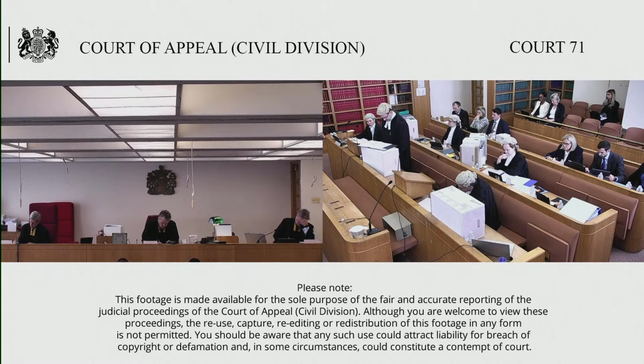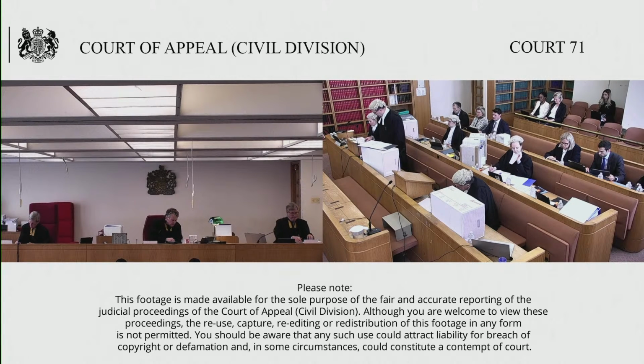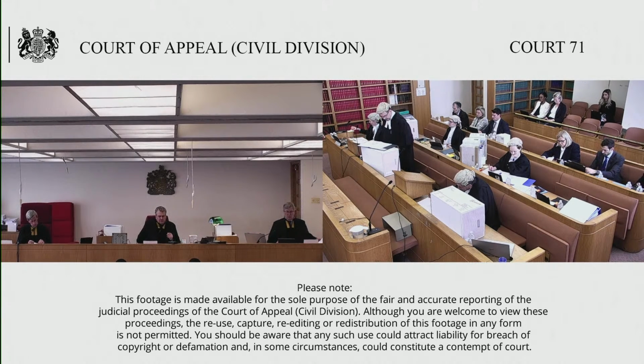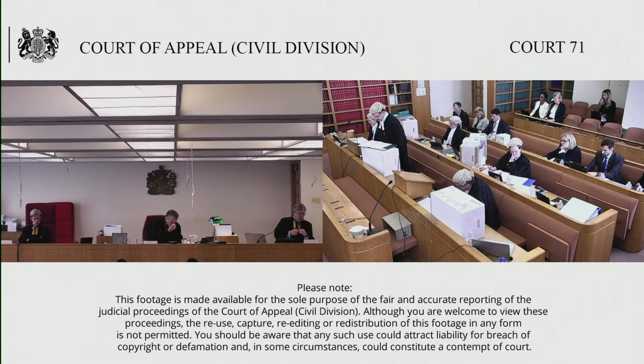And if my lords go to my learned friend's skeleton, so this is core bundle tab 3, the argument, as we understand it, is, what's said in 68 is that they refer to 29 and 30 of the judgment, and they say the judge held that an interim injunction must always be founded on a risk of harm to the claimant that is legally caused by the infringement of the claimant's right of which vindication is sought, and therefore recoverable at common law. And my lord, that's simply not what the judge said.